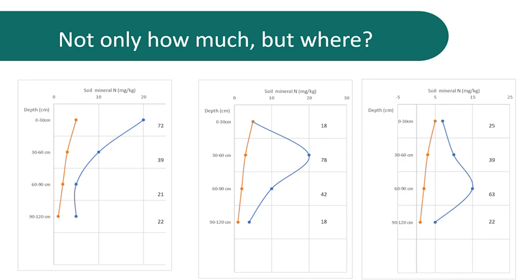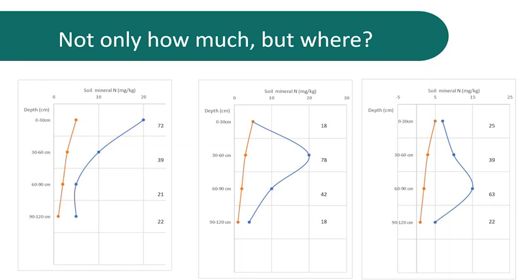Now that one is a classic example of where you probably, net of losses that happen between the time we measure this and early squaring, don't require nitrogen. The next one is where it's in that 30 to 60 layer, and there's a question mark over whether those small seedlings, up until pinhead square, might need a small amount of nitrogen.